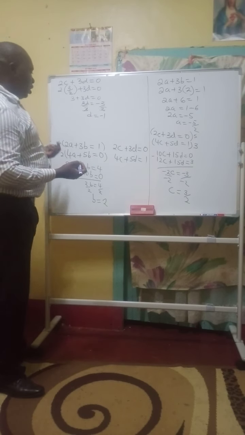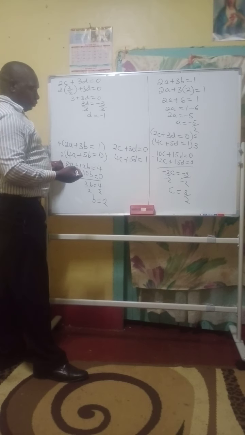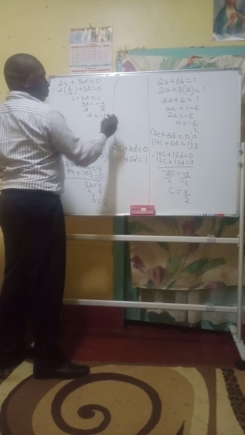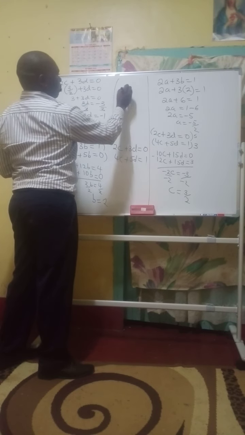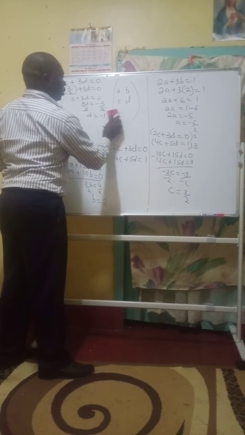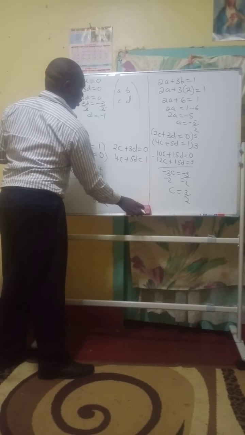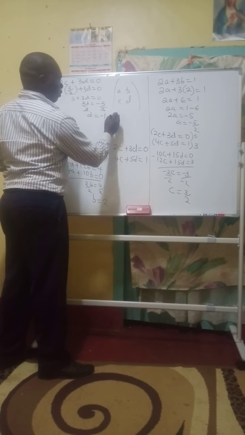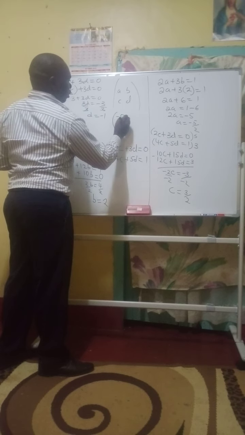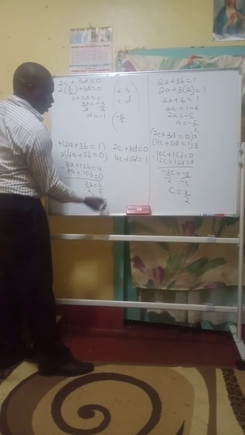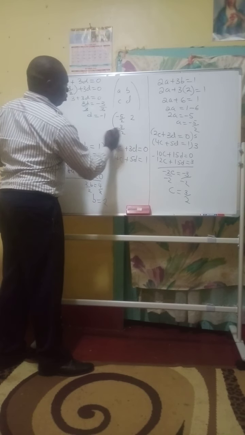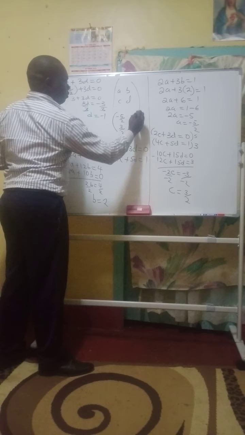Now we have already determined all the values, and remember our matrix was A, B, C, and D, and those values have already been determined, and the matrix therefore becomes your A is negative 5 over 2, your B is actually 2, your C is 3 over 2, and your D is negative 1.